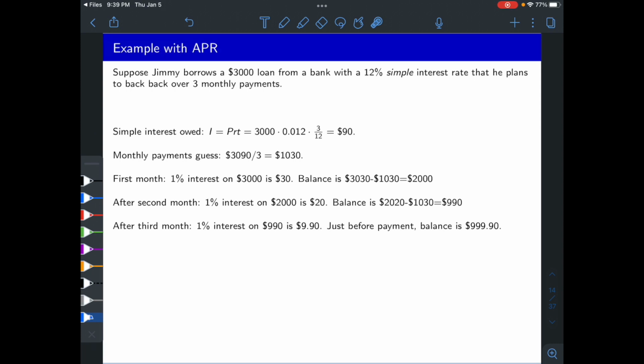If he was paying $1,030 every month, then he would be spending a total of $3,090, but he actually has to spend a little bit less than $1,030 every month. So the total interest he owes is going to be a little bit less than $90, about $60, based on the fact that we were about to overpay by $30 at the end of this.